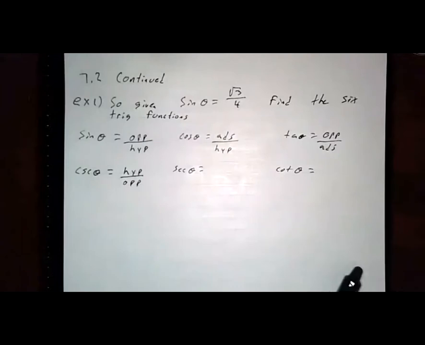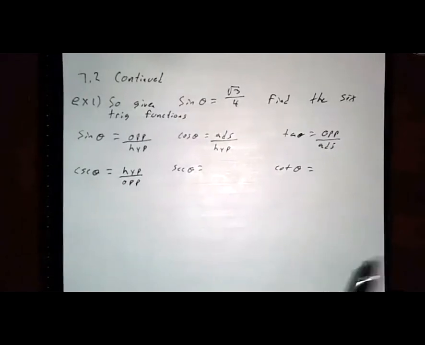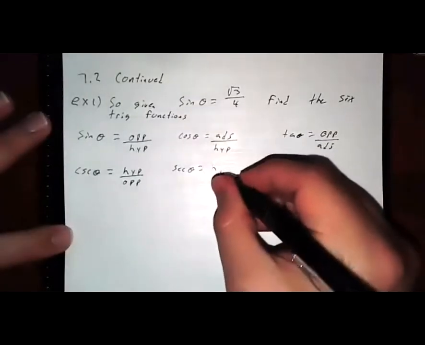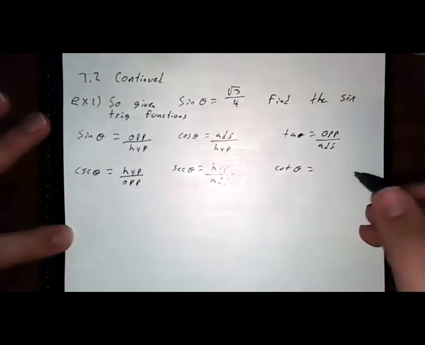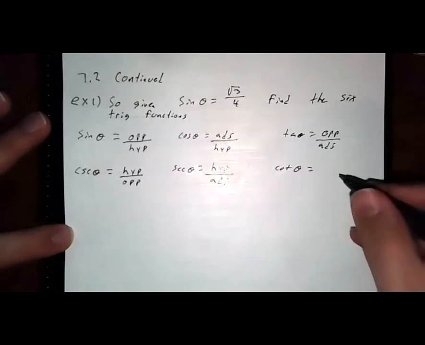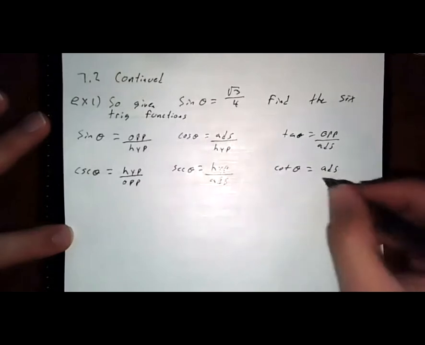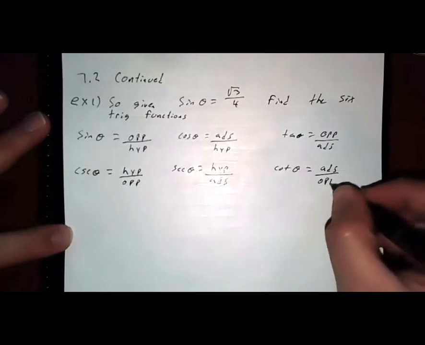And secant? Hypotenuse over adjacent. Cotangent, adjacent over opposite. So we have all the stuff we need now, right? We just have to build the triangle and fill in the blanks.